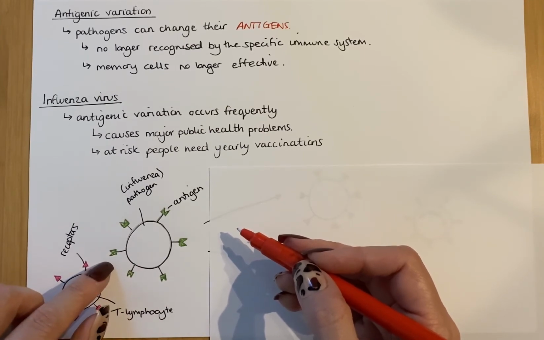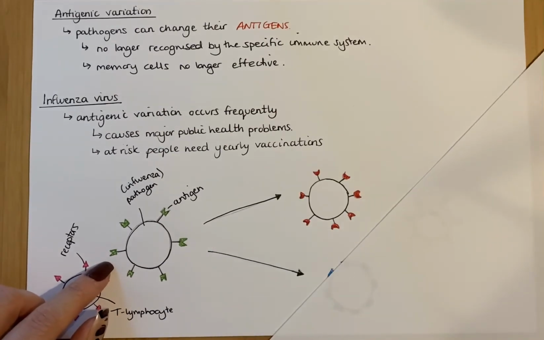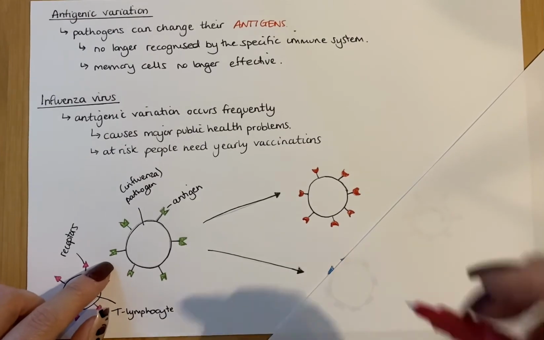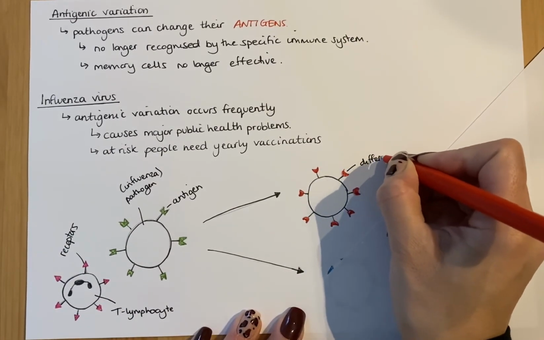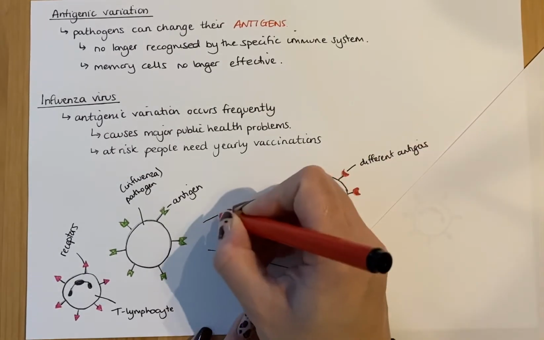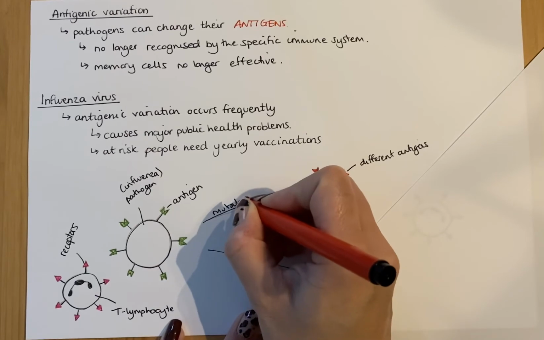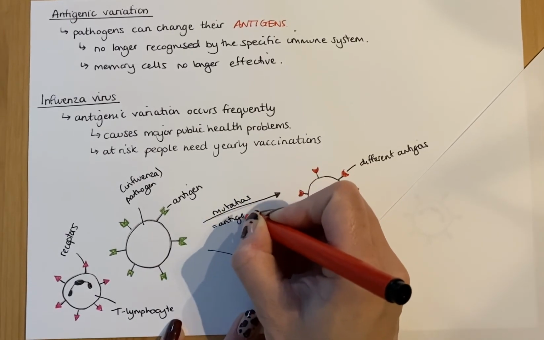But mutations occur because the influenza virus rapidly mutates, and it can then produce different antigens. Okay, and it's caused by mutations which cause antigenic variation.